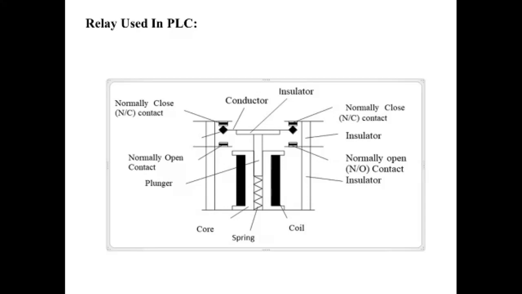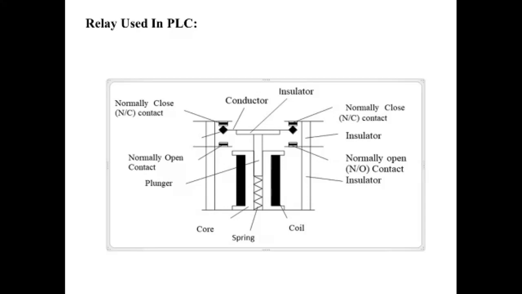Those who are familiar with digital logic tend to think of normally open contacts as non-inverting contacts and normally closed contacts as inverting contacts. Now there are some types of relay systems, that is the time delay relay.